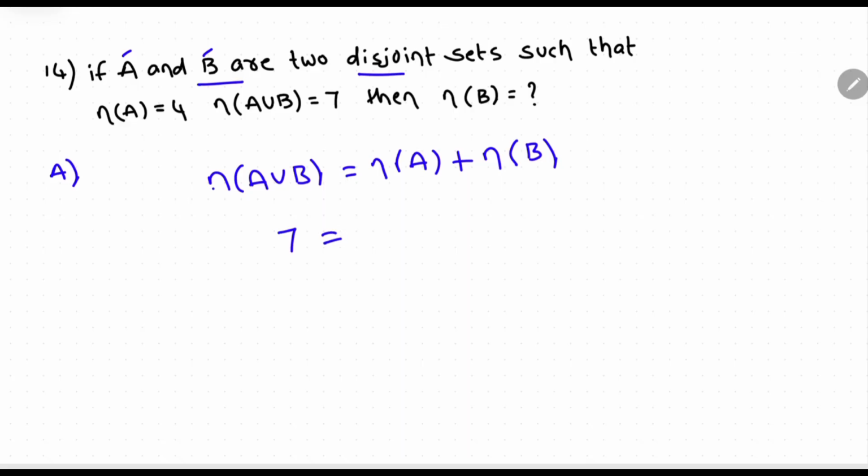What is n of A given? 4. So to find n of B, on transposing, 7 minus 4 equals n of B, therefore the number of elements of set B equals 3.